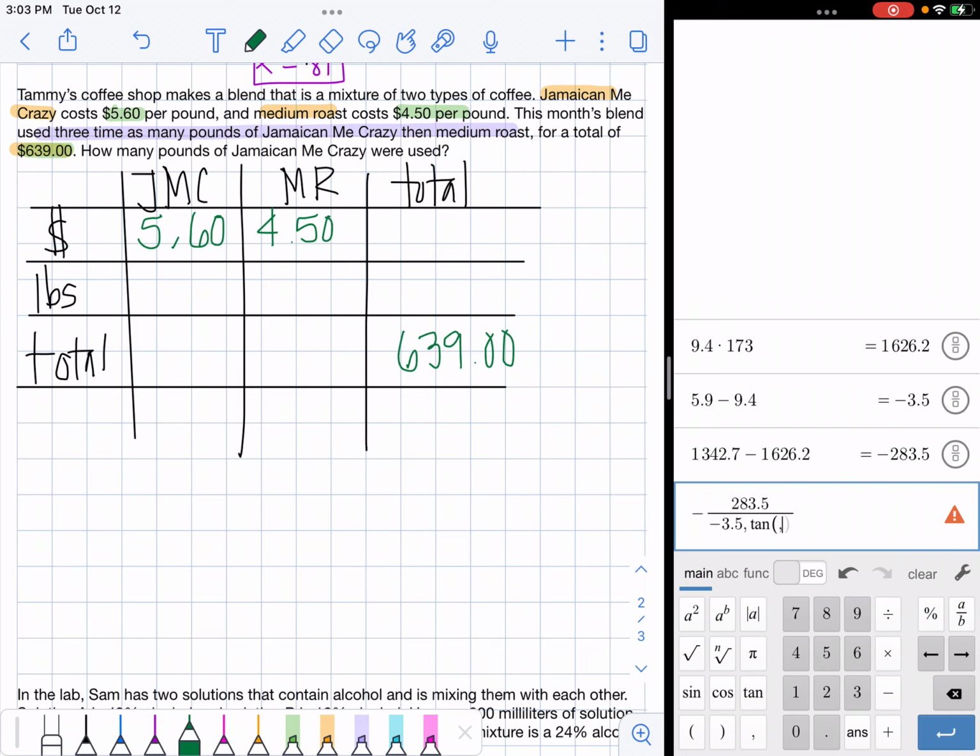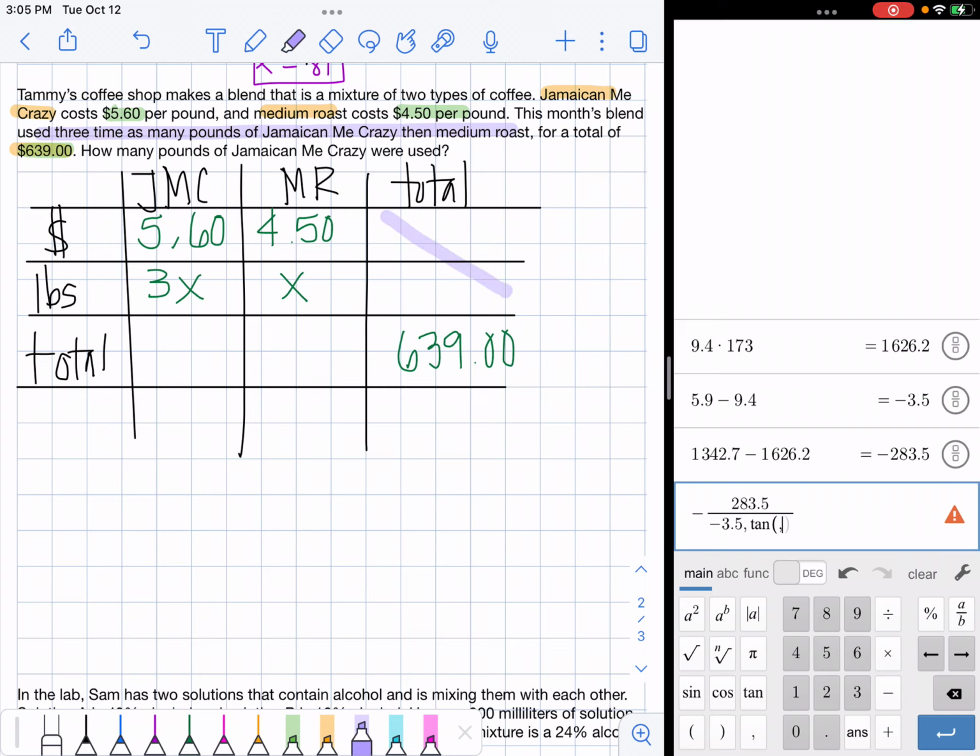Now, it says this month's blend used 3 times as many pounds of Jamaican Me Crazy than medium roast. So I don't know how much medium roast I used, but I used 3 times more Jamaican Me Crazy than I did medium roast. All right, so that's all the information that it tells me.